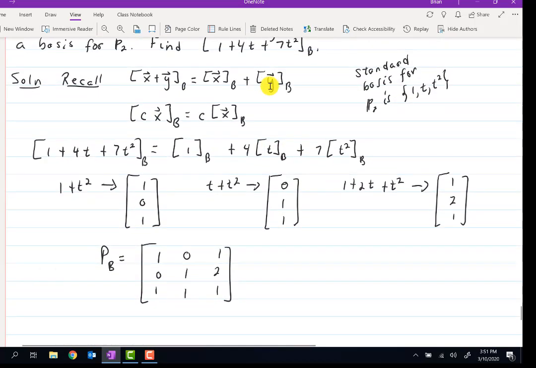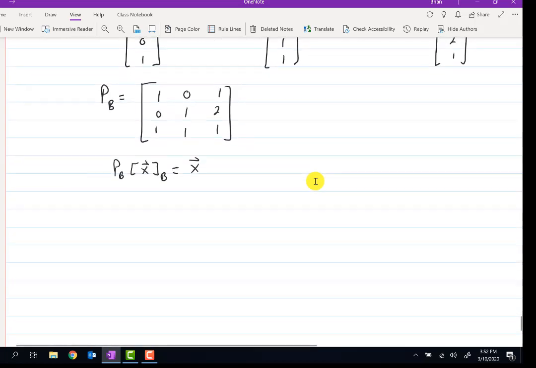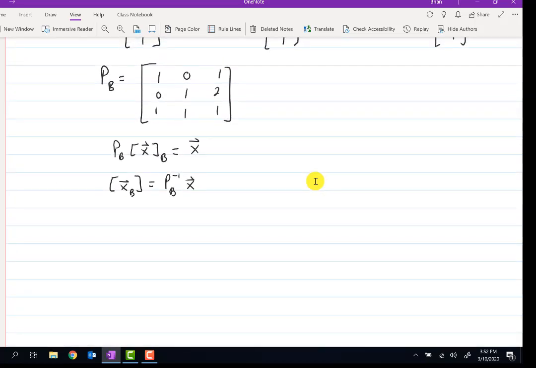So this is where we've come up with the equation PB XB is equal to whatever the vector was originally. So in the matrix notation here, well, before I do that, let me rewrite it this way. So PB inverse, let me first do that. Well, let's do the determinant of PB.